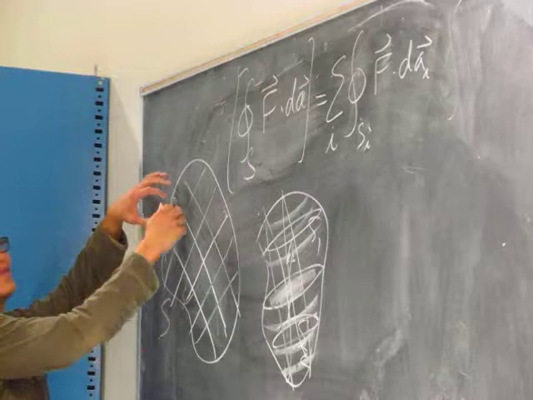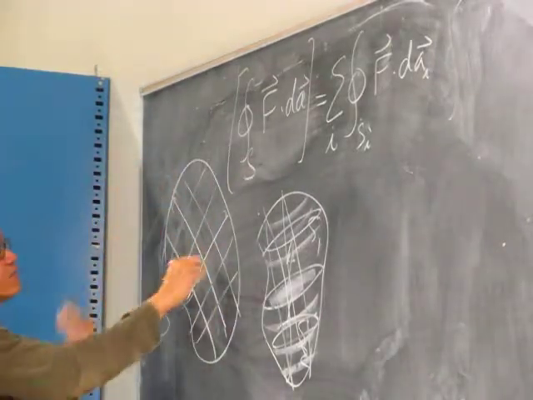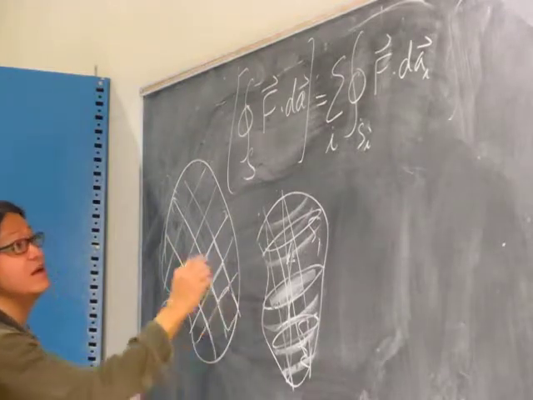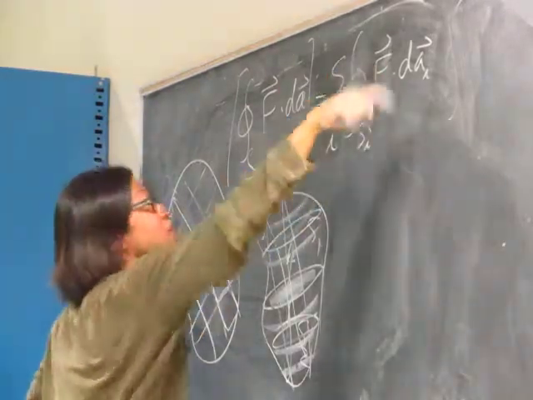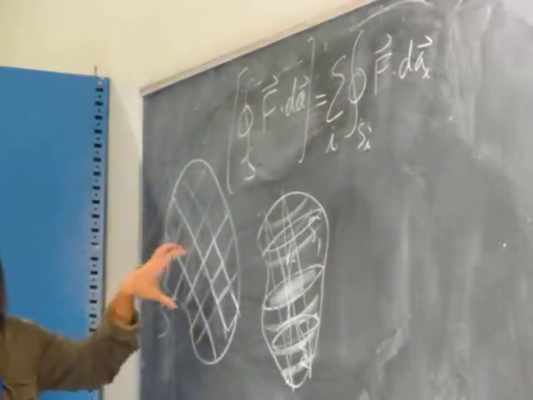When I partition this, I have n volumes, n different boxes, and the total of that integral is still the same as the original surface integral.